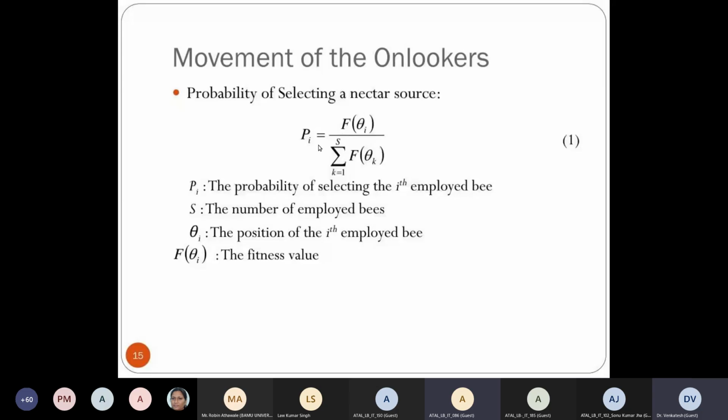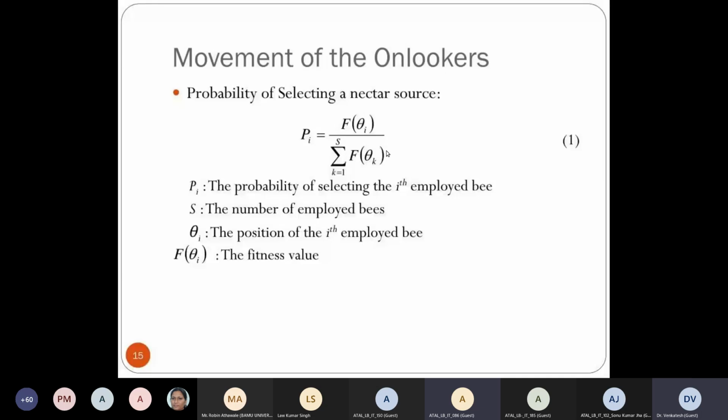The probability of selecting the first food source is P1, which is the fitness value of that first food source divided by the sum of the fitness values of all the food sources. In the same way, you need to calculate for all 50 food sources, P1 to P50, right? Whichever has the highest value, the probability of that food source being selected by one of the onlookers is very high, right?